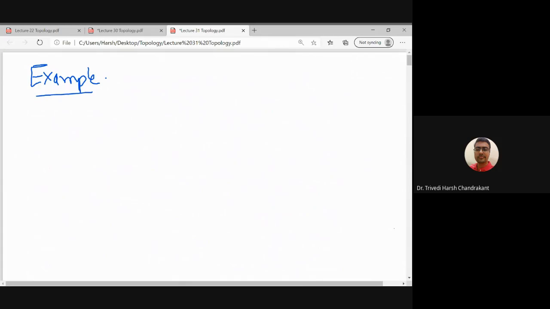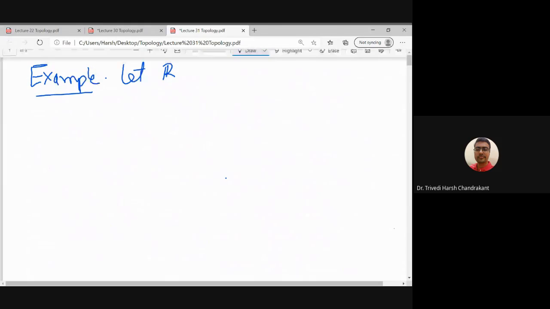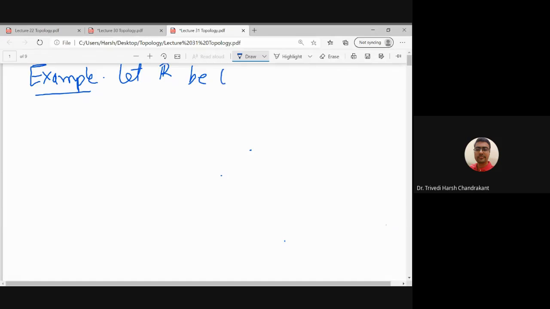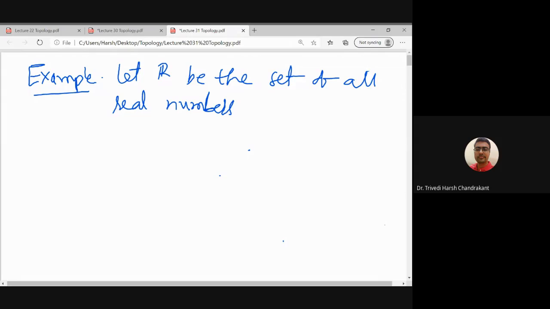So here is an example. So let R be the set of all real numbers. So this is a set and on which we have to define the topology. So we define the topology to be the standard topology.